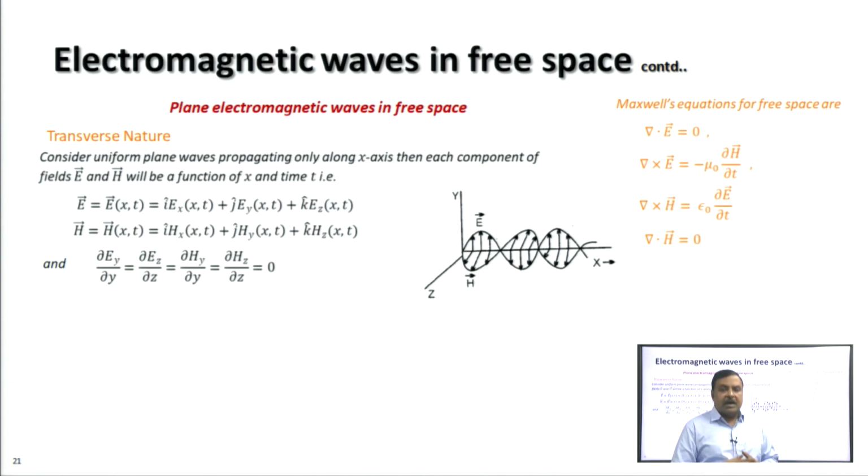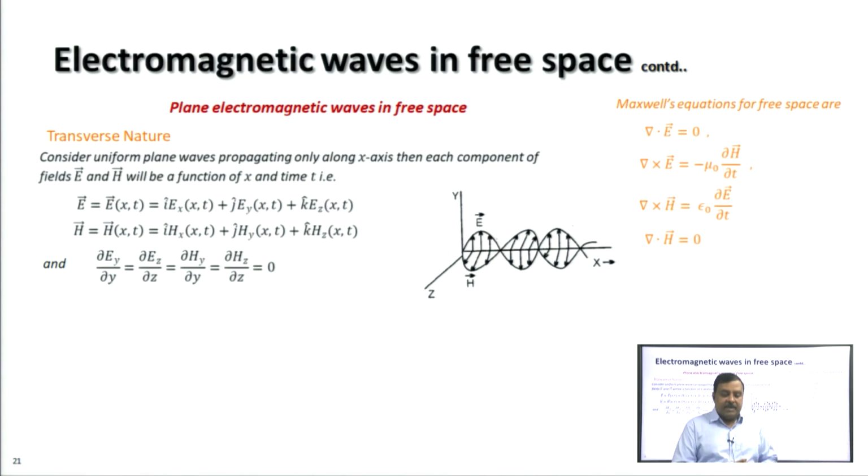Transverse waves are the waves in which vibrations are perpendicular to the direction of propagation, and in electromagnetic waves what is vibrating is the time varying electric and magnetic fields.